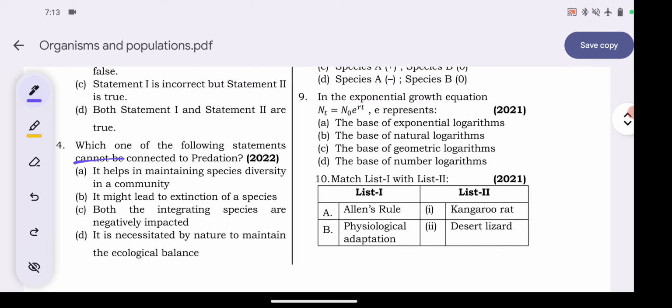So what will be the proper answer that cannot be connected to predation? That will be option C, both the interacting species are negatively impacted. Explanation: one of the species in predation gains benefit at the expense of the other. Predators help in maintaining species diversity in a community by reducing the intensity of competition among competing prey species. If a predator is too efficient and overexploits its prey, then the prey might become extinct. So option C is your answer.